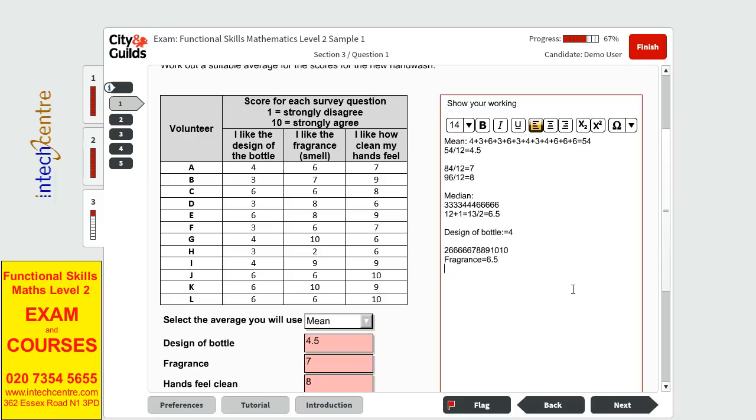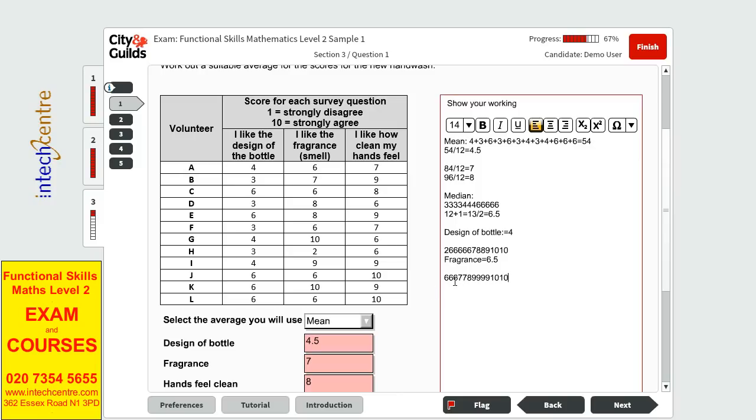And the last one, it will be 6. How many sixes do we have? 1, 2, 3, 3 sixes. And then we have 7s 2, 8 ones, 9 four, and 10 twice.